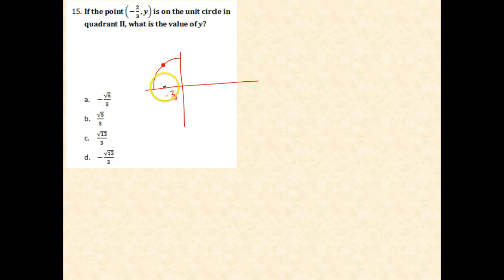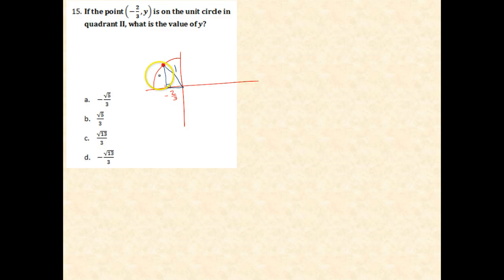So we can draw a right triangle where this is our base, this is our other leg, and our hypotenuse is 1 because it's on the unit circle. The radius is 1. This leg is 2/3, and we can use the Pythagorean theorem to figure out the length of this leg.